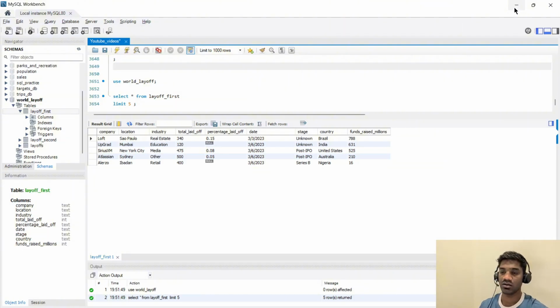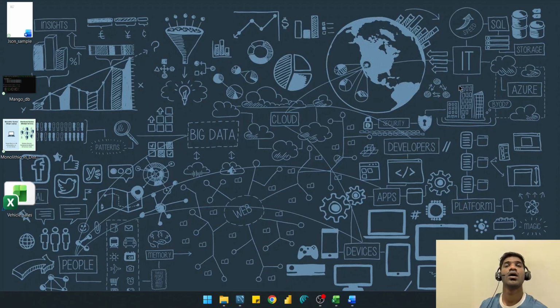Our traditional SQL can handle a huge amount of data which is in a structured format, like rows and columns.